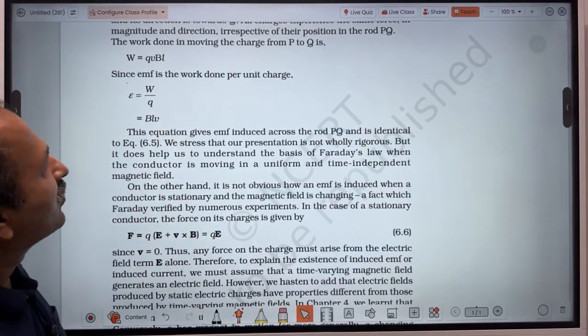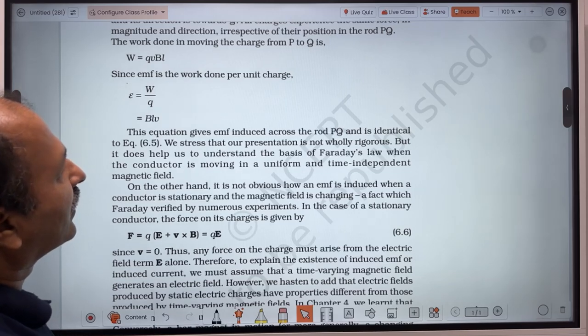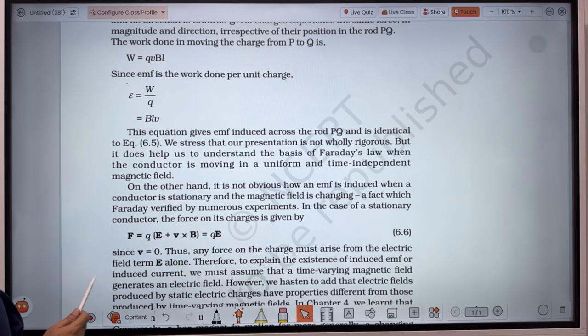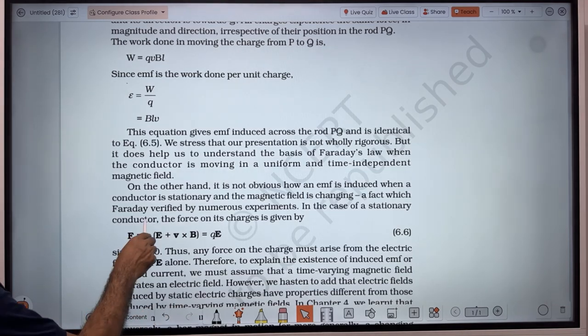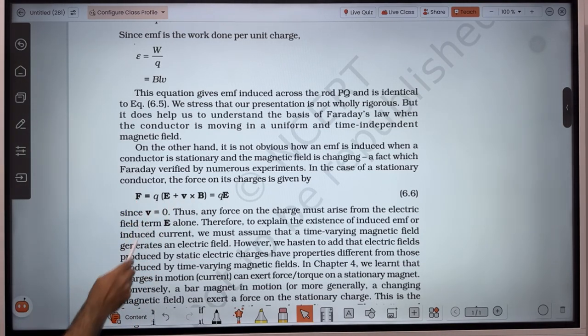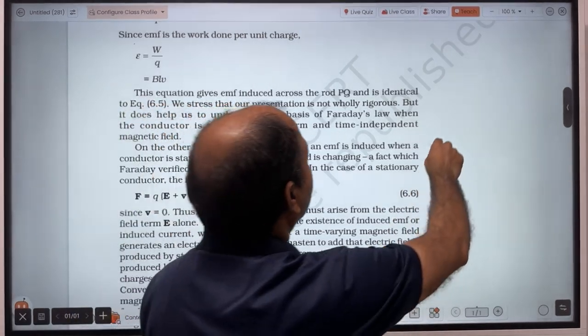So this is another way of finding EMF induced due to motion. Here we have found motional EMF, which means the conductor is moving in a uniform perpendicular magnetic field. If you remember, the force F is given by F equal to Q(E plus V cross B), right? What is the name of this force? Do you remember?